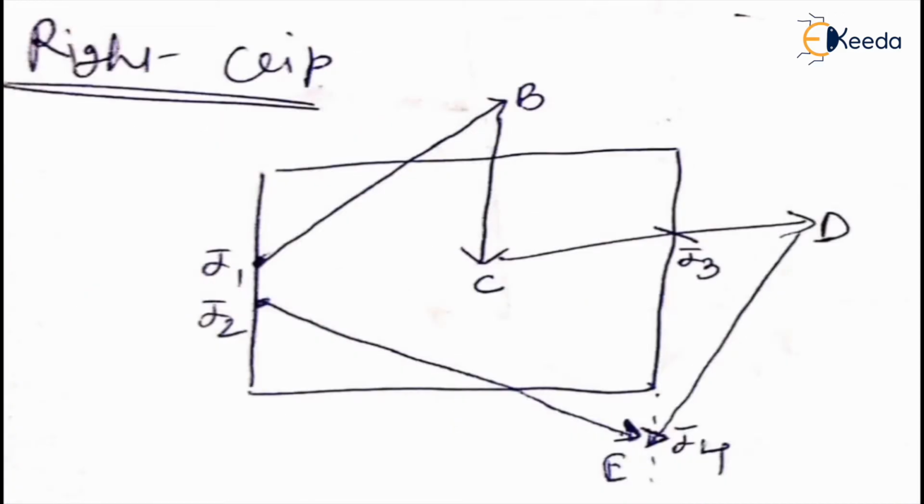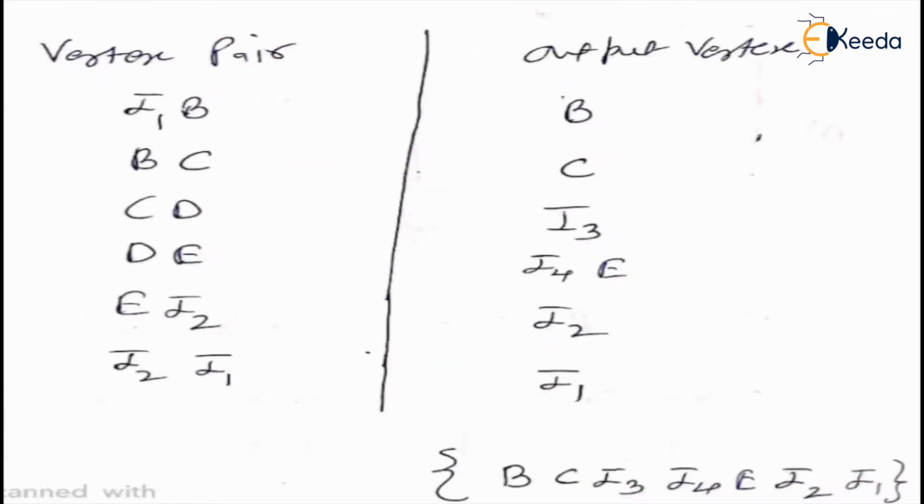After left clipping, now in step 2 we clip from the right side. This time we clip the CD and DE lines. Again we draw two columns, one for vertex pair and the second for output vertices.